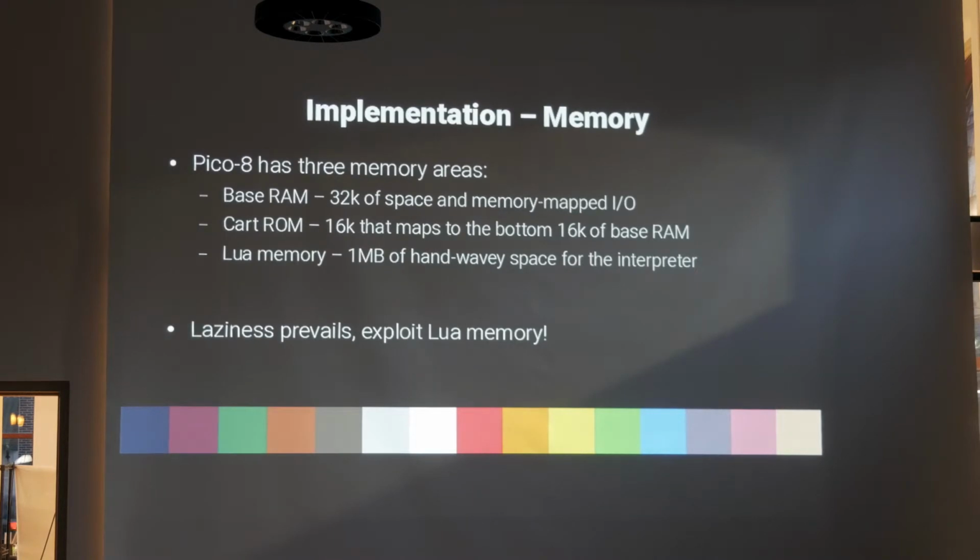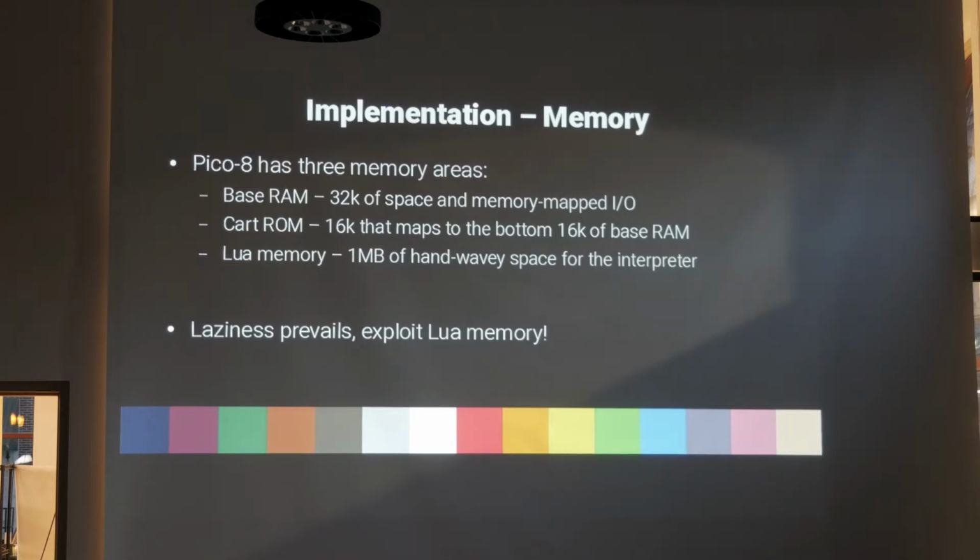So yeah, some implementation details. In terms of memory, PICO-8 has 3 memory areas. One of those is the base RAM, which is 32K of space and memory mapped I/O. The user only has slightly less than 7K of space to do whatever they want with. Everything else is taken up with either the cart ROM, which is 16K, and that actually maps to the bottom 16K of base RAM, or it's the memory mapped I/O.